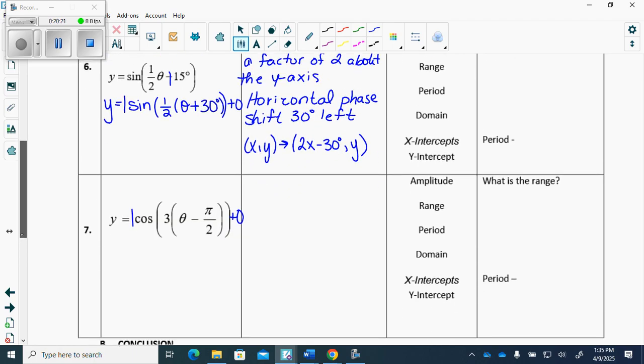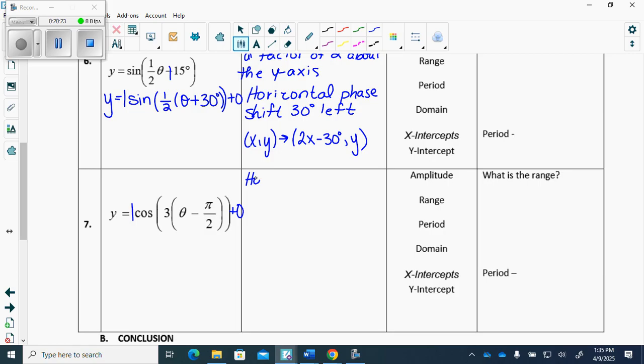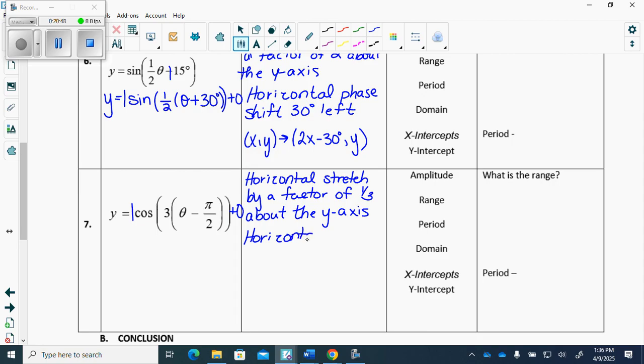And then this one is a horizontal stretch by a factor of 1/3 about the y-axis. And the horizontal phase shift, pi over 2 units what?